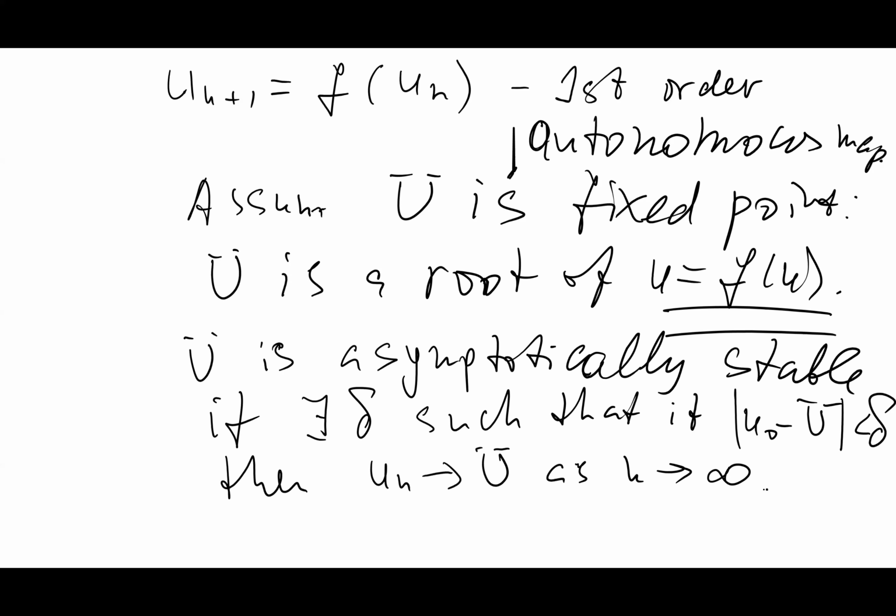If instead of convergence we have the condition that U_n minus U capital is less than epsilon, for any epsilon we can find delta. Okay, I will reformulate it. I will remove that and formulate the neutrally stable condition.